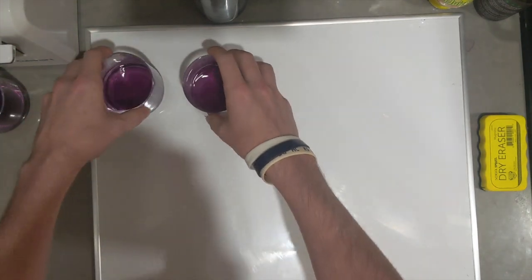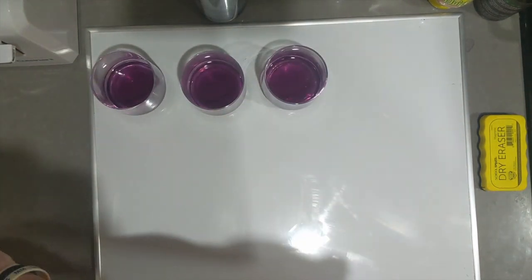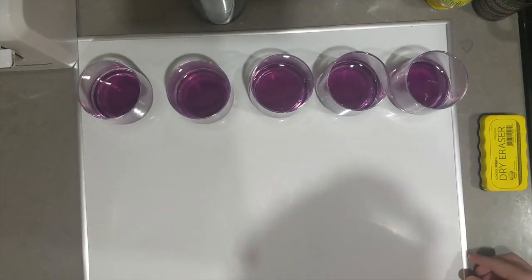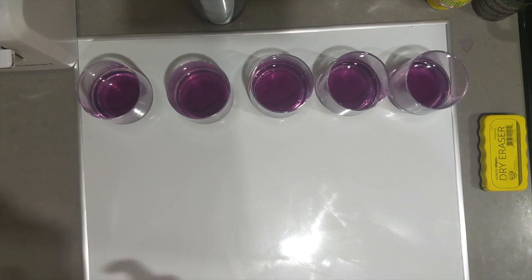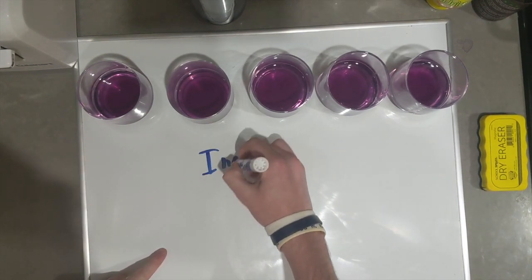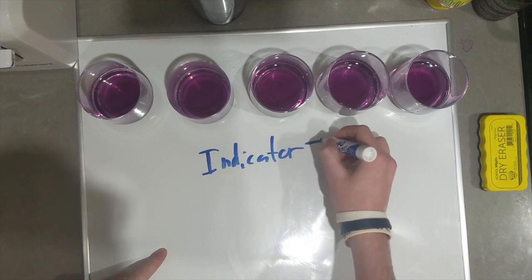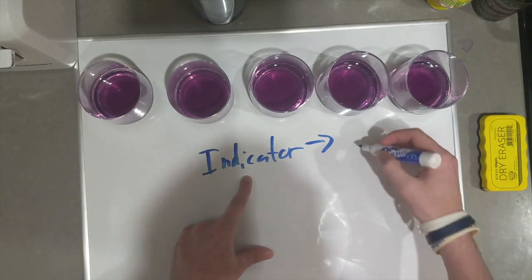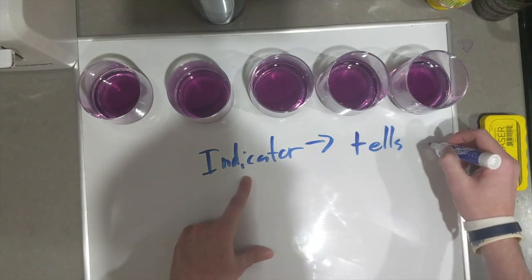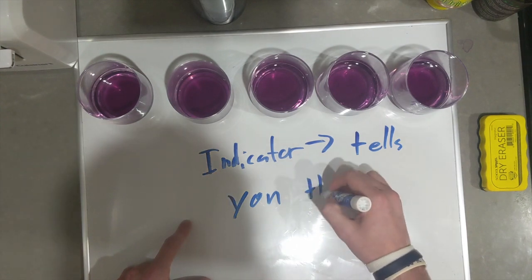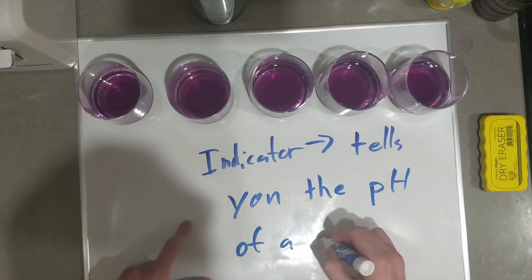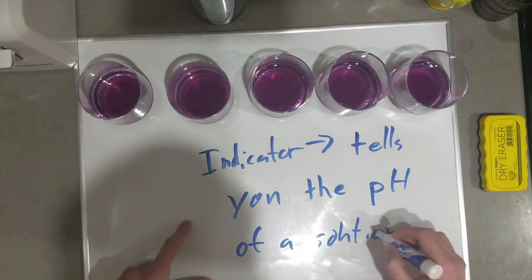All right, so I have a bunch of these glasses that are purple. Really cool thing about cabbage juice is that it is a universal indicator. An indicator tells you the pH of a solution.